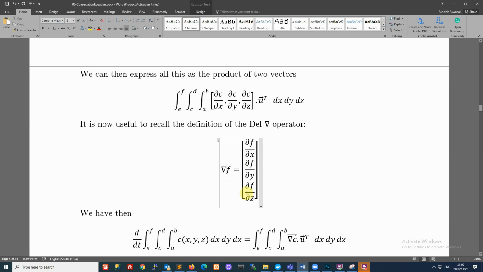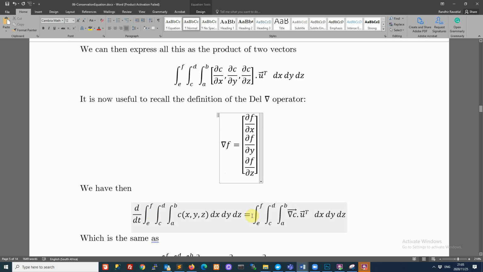So anyway, we can see here that we could rewrite this vector as del c, right? So just copying the same form over here, we can see that this is del c.